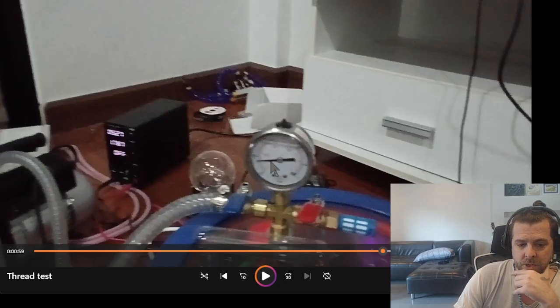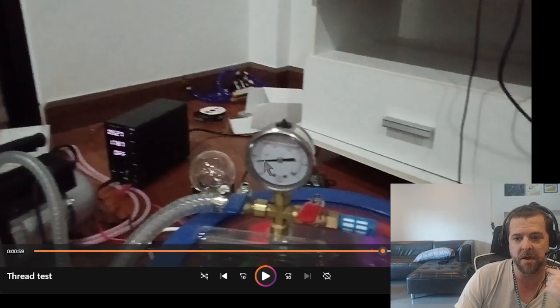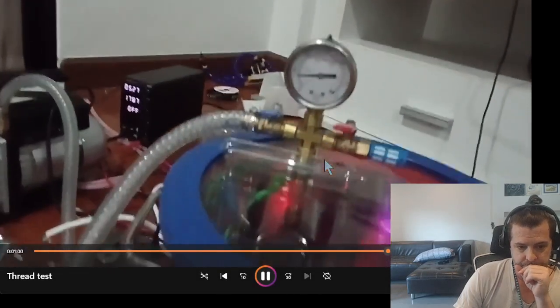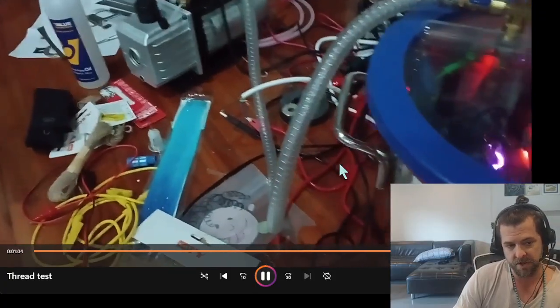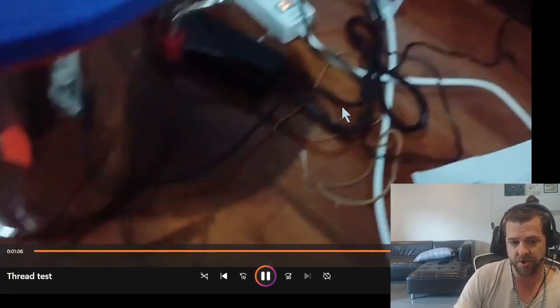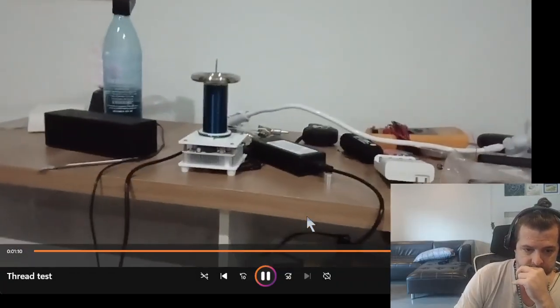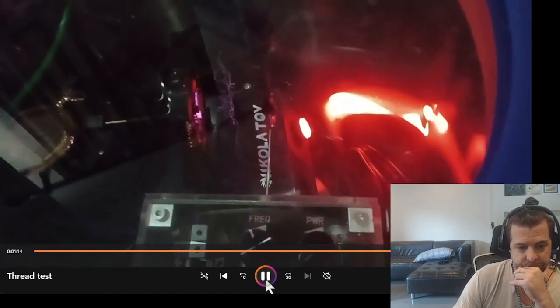So right now we're at like 26, 27 bar, about minus 26 bar. And we are still getting good plasma being generated. If I go down all the way to 30 bar, it starts to go away pretty quickly. It's pretty bad, all right? Just showing you a quick setup of all the equipment I got going on.